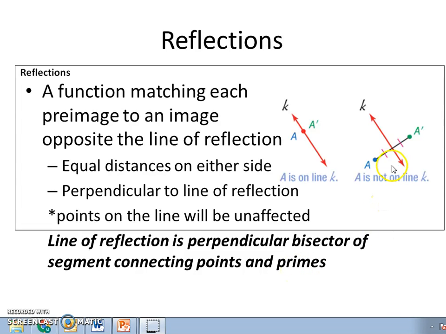To elaborate on that, if we look over here at the image on the right in your notes, A to A prime is a line segment. K is the line of reflection. K cuts directly through the middle of that line segment, creates a 90-degree angle, and bisects the line. So because it bisects the line and creates a 90-degree angle, we call it the perpendicular bisector.